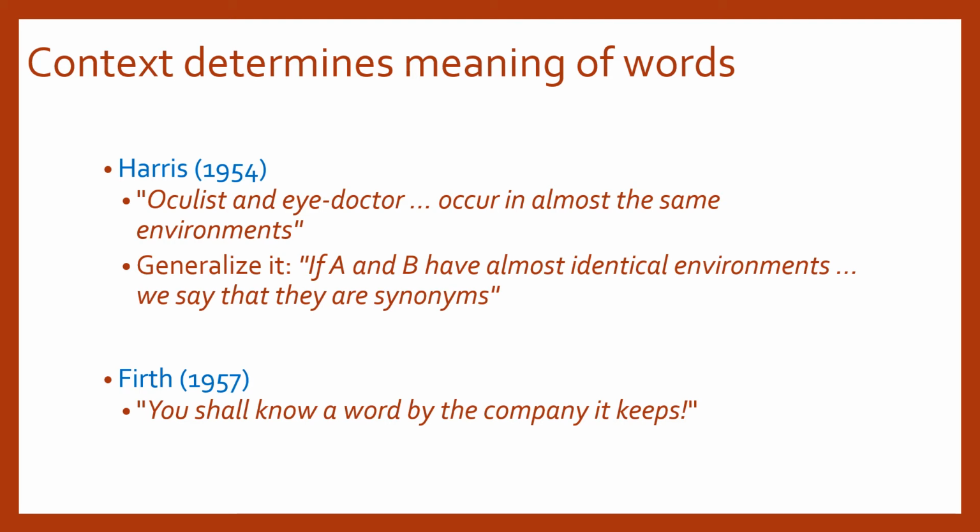The words surrounding oculist and the words surrounding eye doctor give the distribution of text around the word. If they are the same, then perhaps their meaning is also the same. Harris said that if A and B have almost identical environments, then we can say that they are likely to be synonymous.